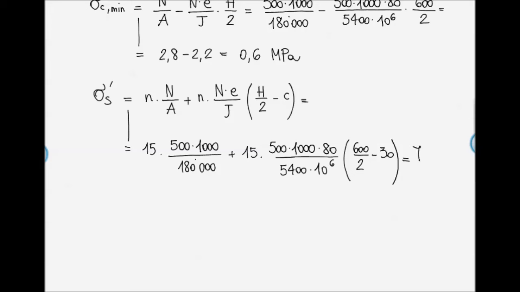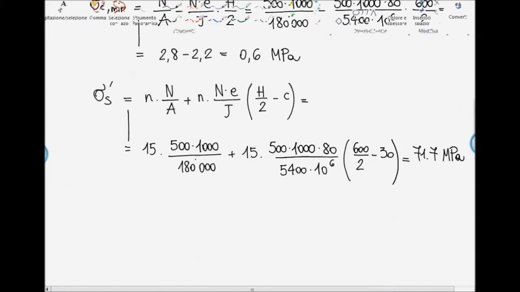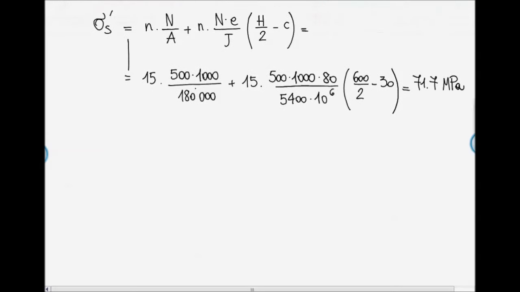Equal to 71.7 megapascal. Well, in the same way, sigma S is equal to n by N over A minus n that multiplies n by E over J by H half minus C, also in this case.